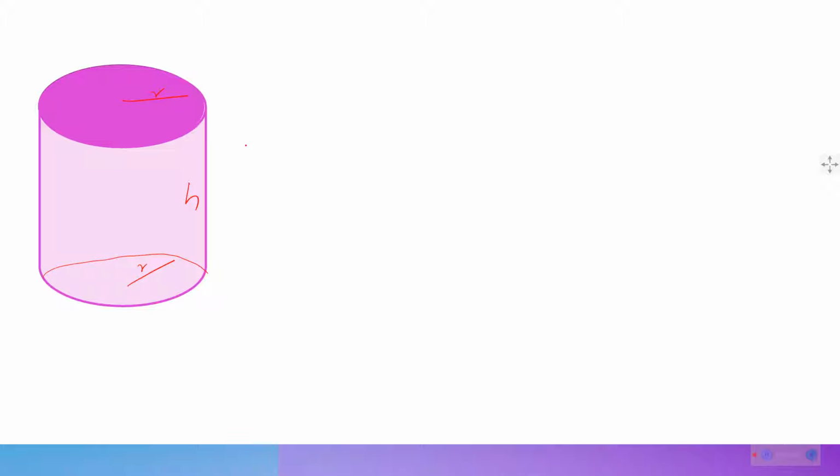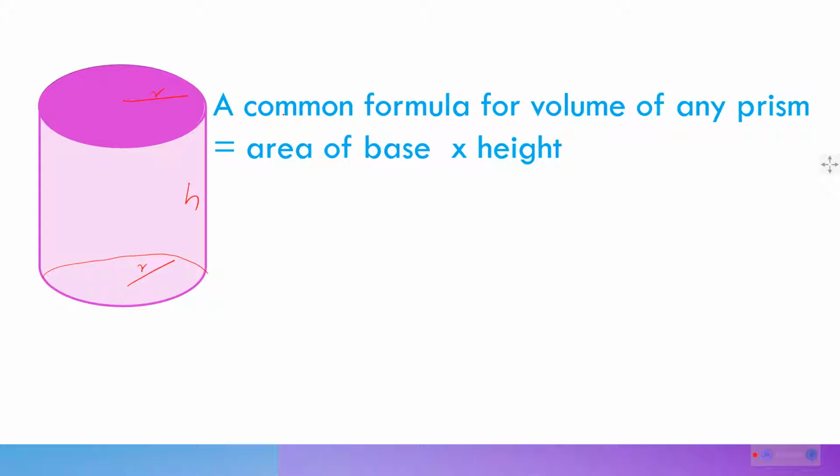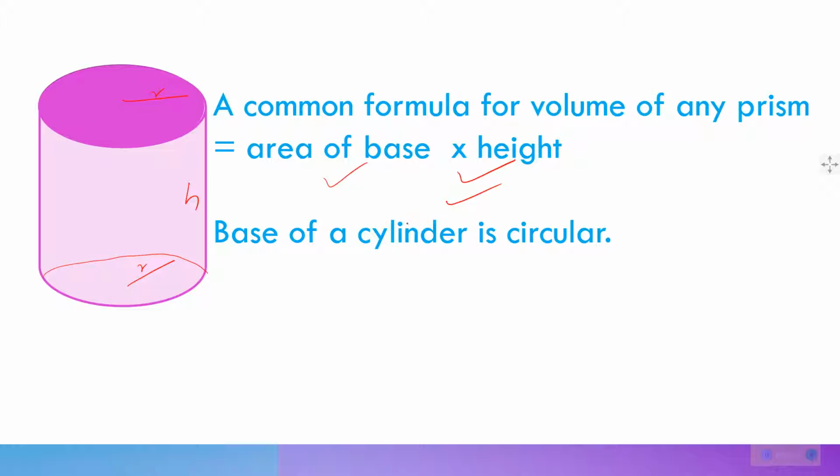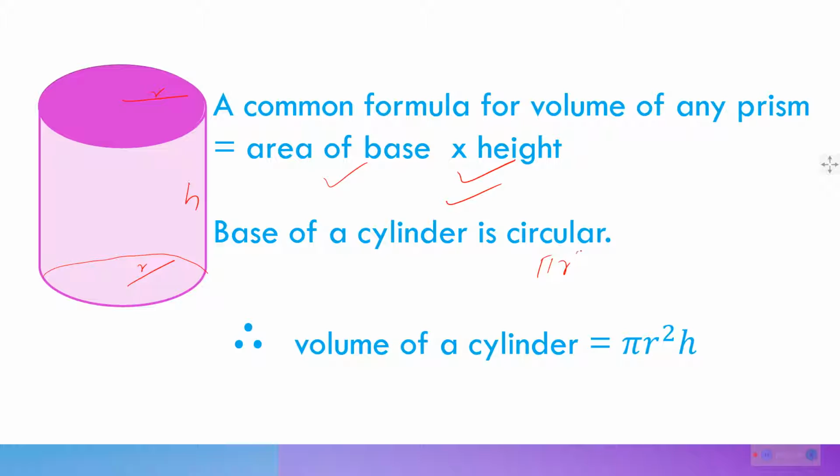The common formula is area of base into height. The base is circular, so the area of the base will be pi r square, and then h. So this is the formula to calculate the volume of a cylinder.